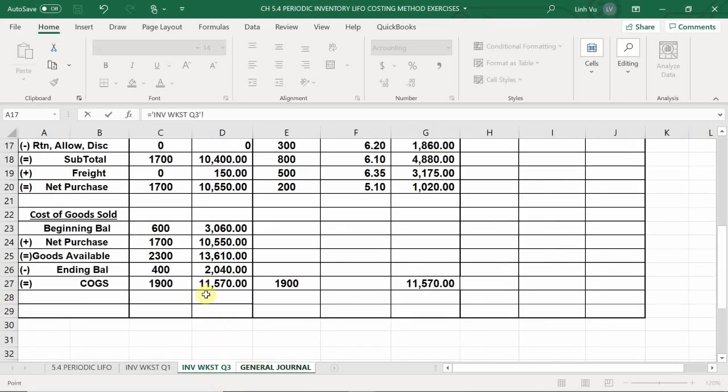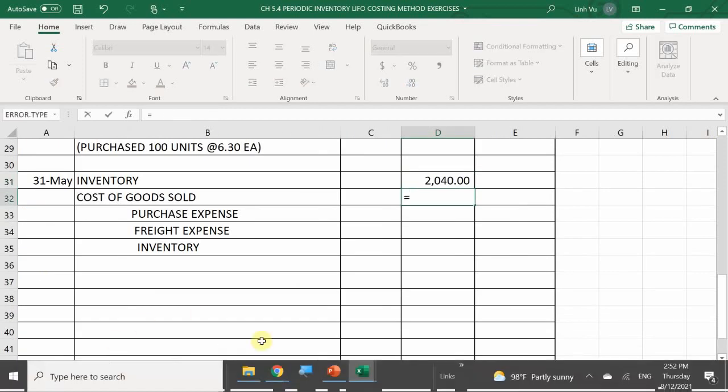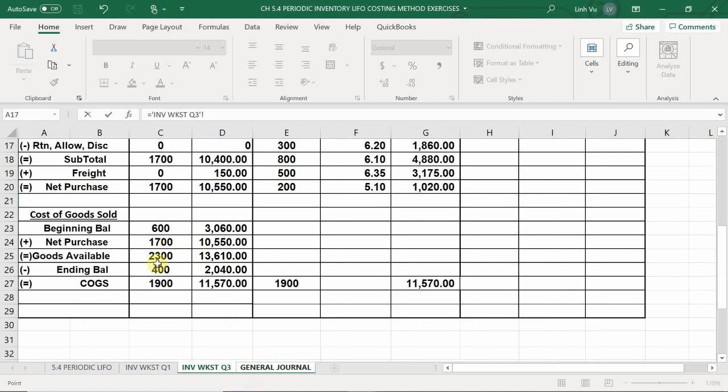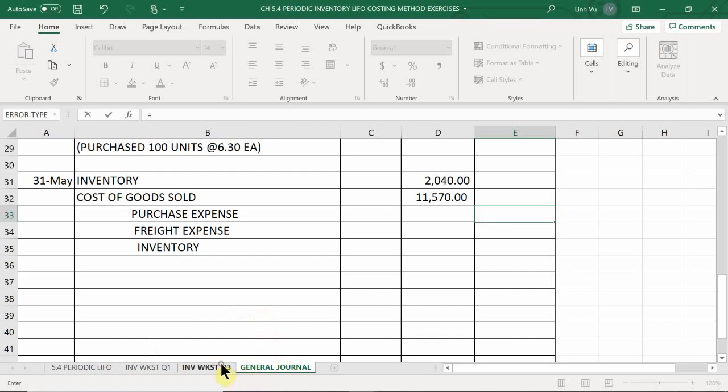What was my total cost for my ending inventory? $2,040. What was the total cost of my cost of goods sold? 11,570.